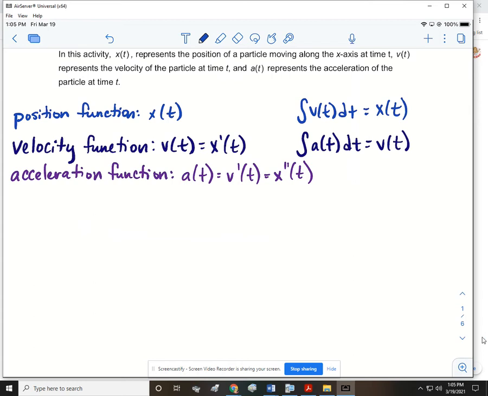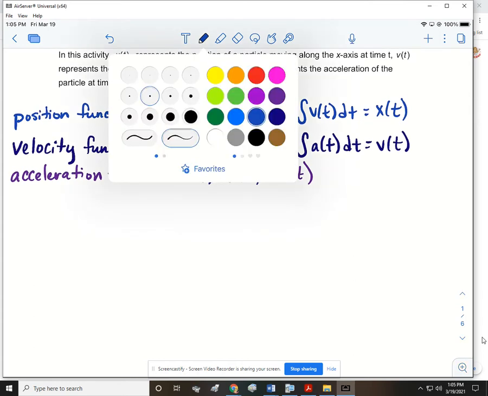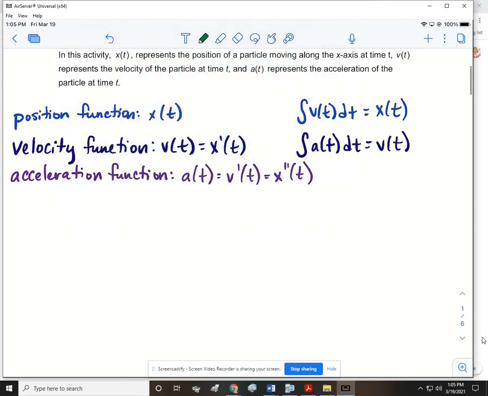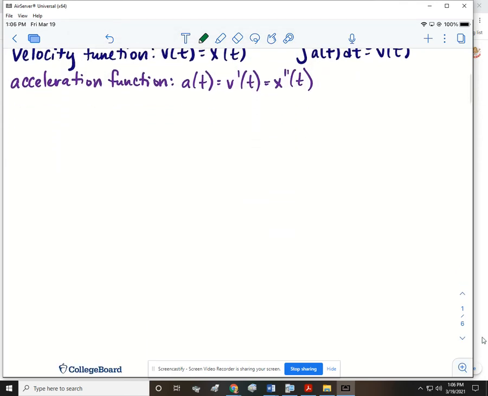Right now, this card activity is all about average stuff. And so one thing that you are looking at in the activity is the average rate of change. So let's remind ourselves what that is.